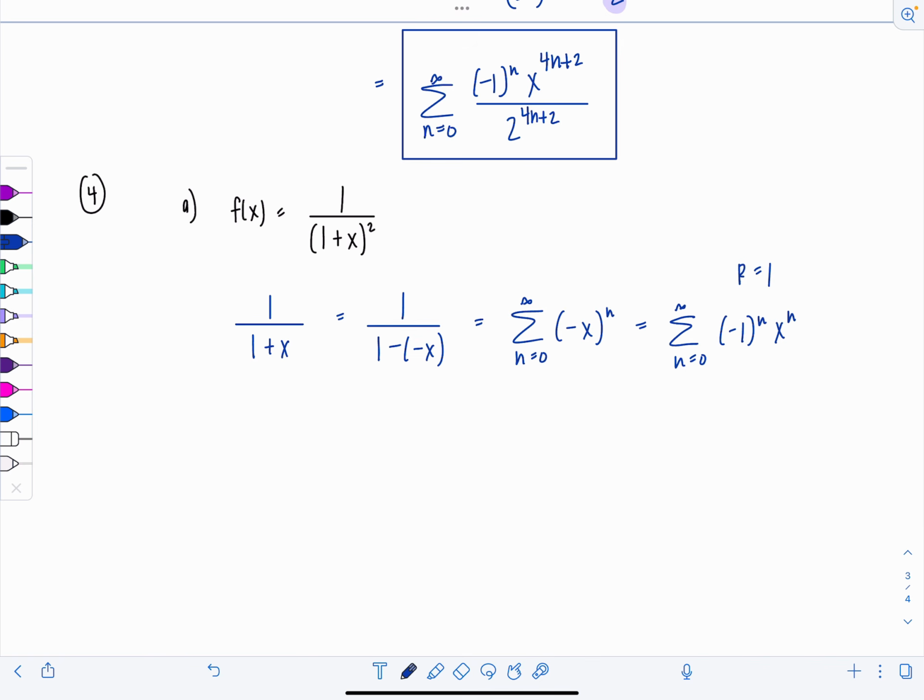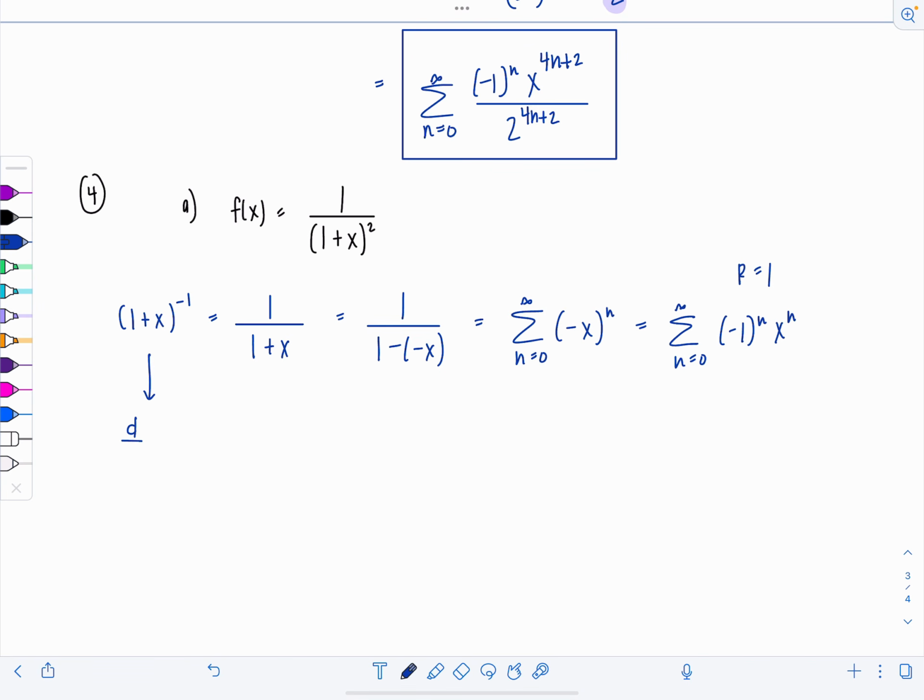So how am I going to make it squared in the denominator? Well, I want you to remember that 1 over 1 plus x is 1 plus x to the negative first, yes? So what we're going to do is take a derivative instead, okay?